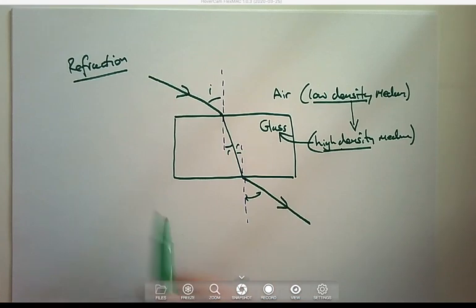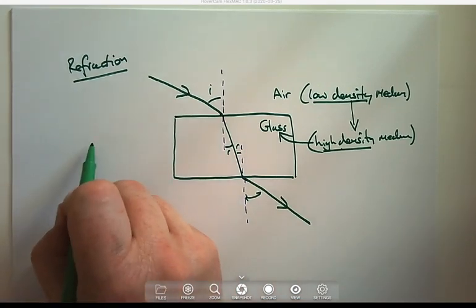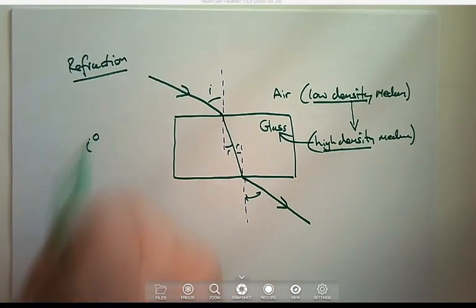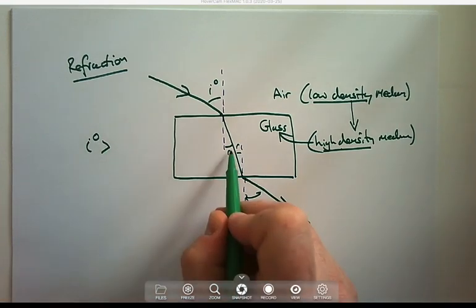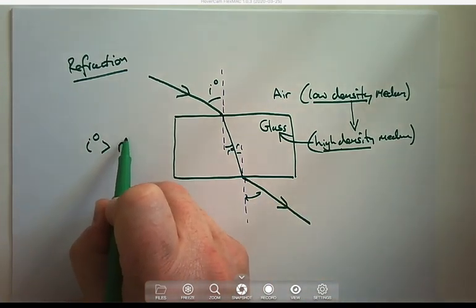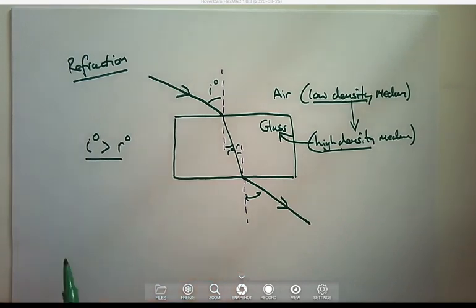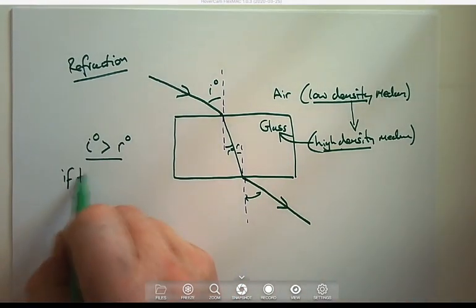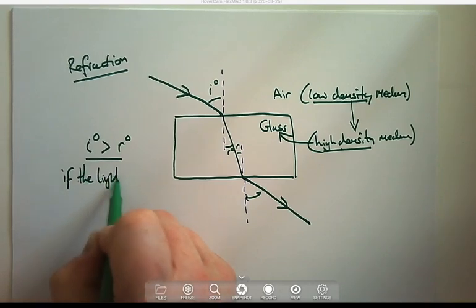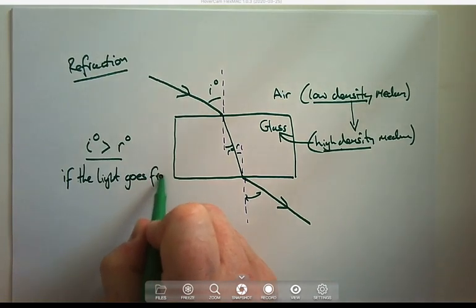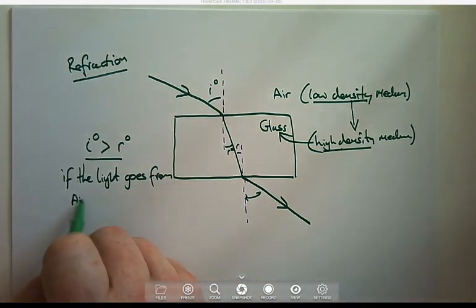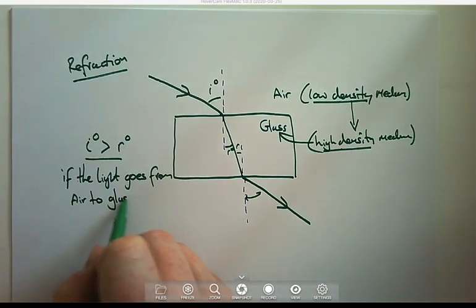So in this case, the angle of I, which is this, is going to be greater than the angle of R, which is there, if the light goes from air to glass.